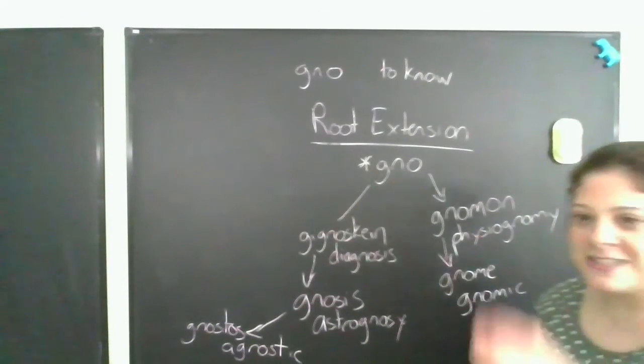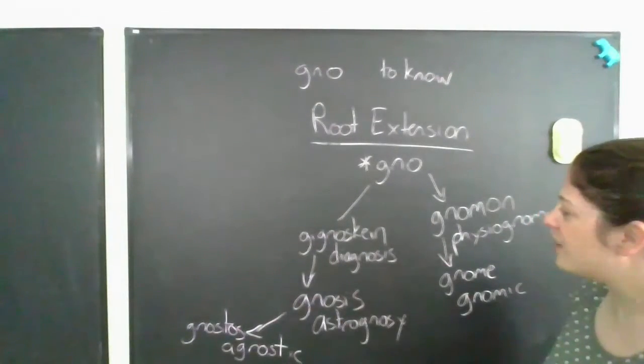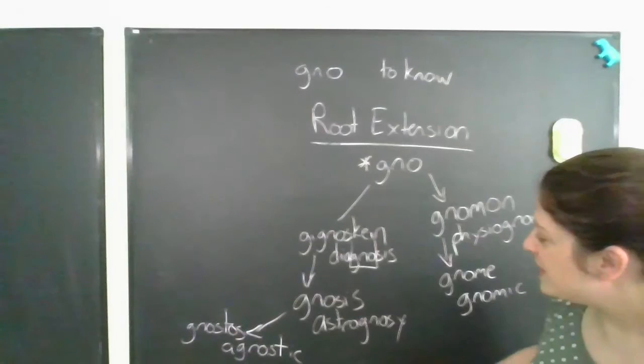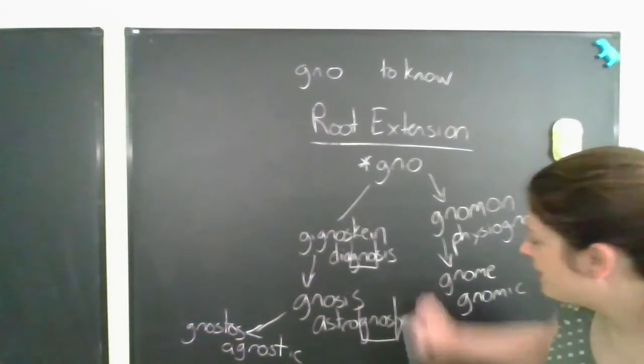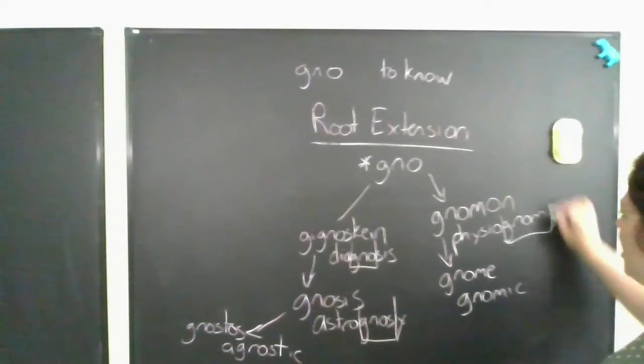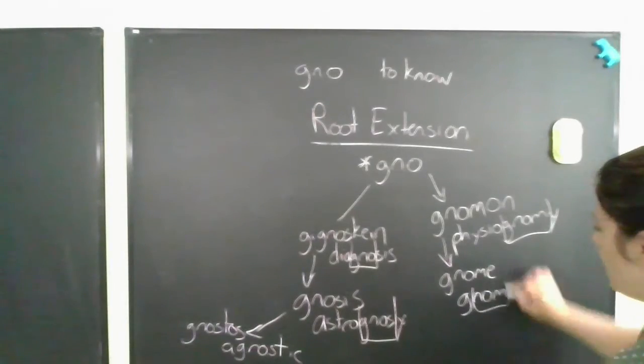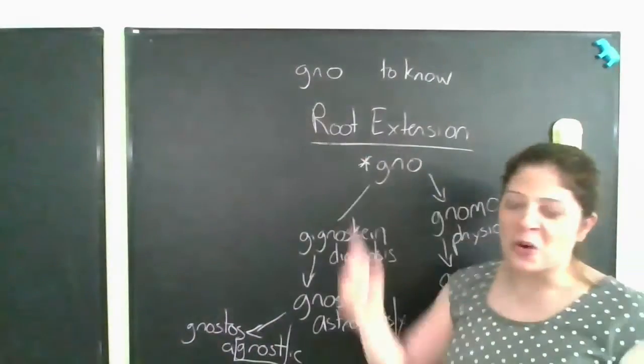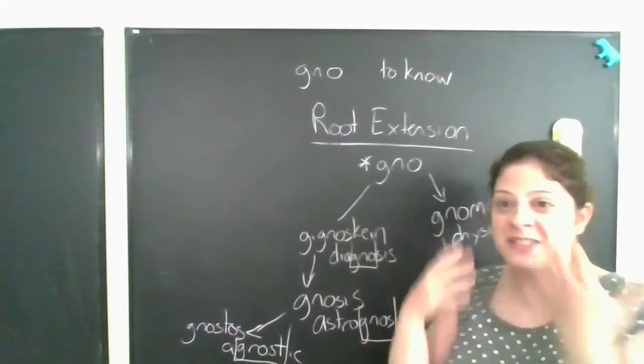And so we see different forms of the root here, right? If you're looking at diagnosis, you've got sort of GNO as the base here. In astronocy, GNOS. Here it's GNOM, here it's GNOM, oh, here it's GNOST. And so I've given you GNO, but you may see extensions on it.